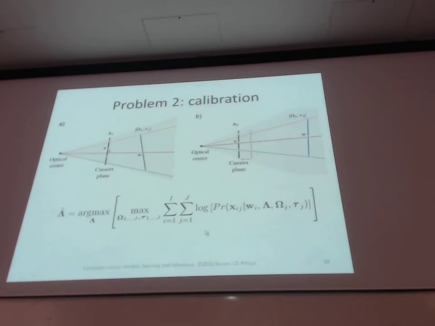Let me just point this out. I've already given away the game. We're going to do this by looking at I different points, because that way we can do a calibration. We have enough pairs of rows to make a big matrix. And we're also going to have multiple J's here.